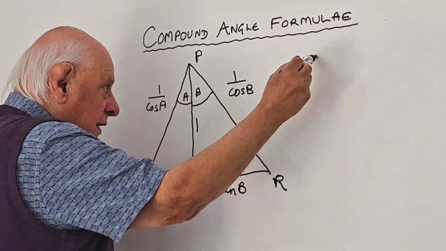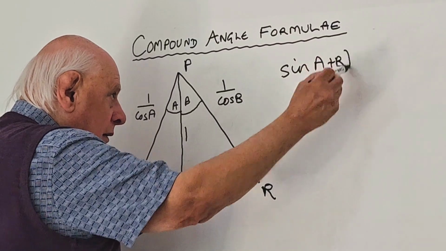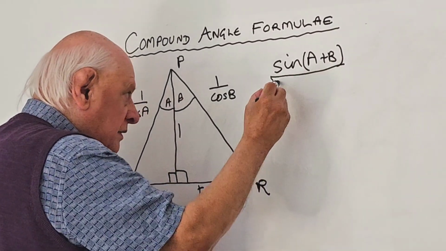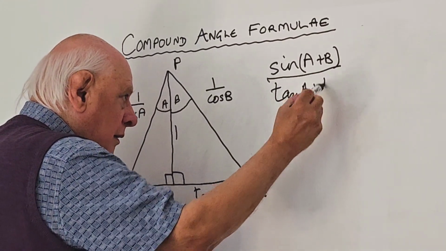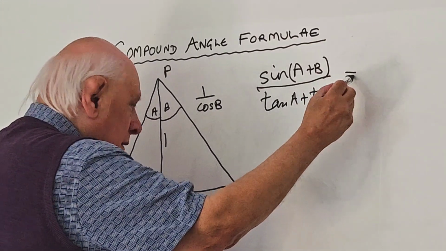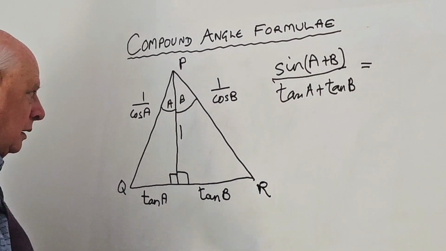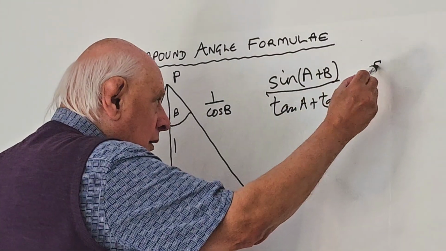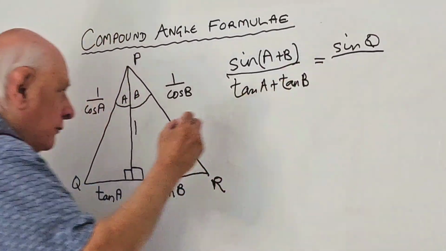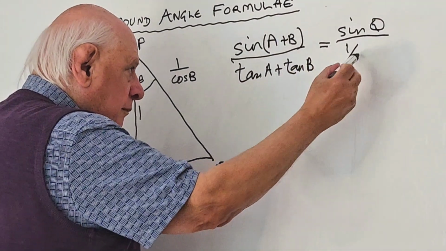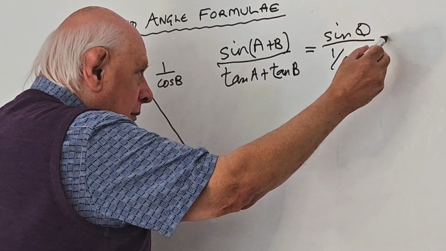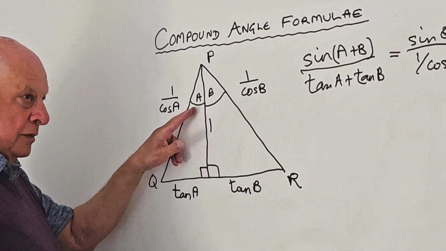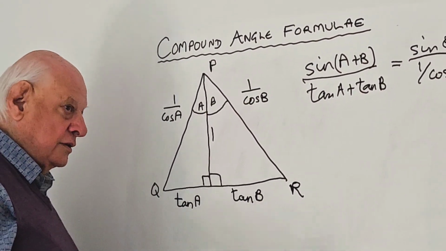That's sine of A plus B divided by the length of the side opposite, which is tan A plus tan B, is equal to, we're using a big triangle here, so you can use this angle, and that side is equal to sine of Q divided by the side opposite it, which is 1 divided by cos of B. But sine of Q is the same as the cosine of A. Because if two angles add up to 90 degrees, the sine of one is equal to the cosine of the other.